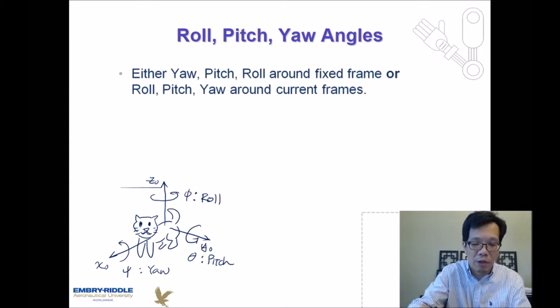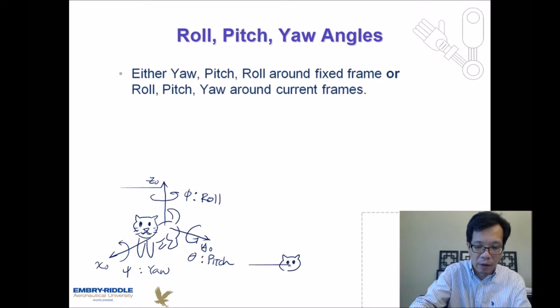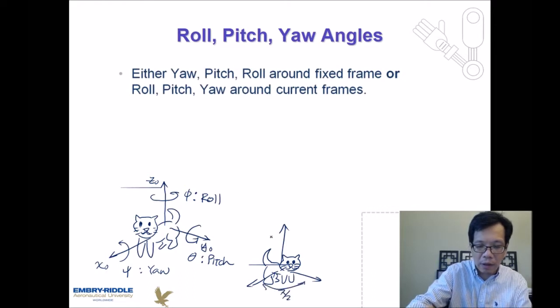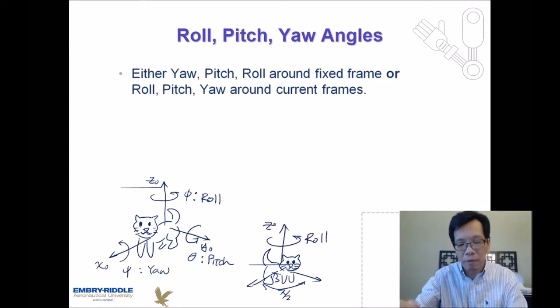For instance, if you say your cat is rotated with a 90-degree roll angle, then the orientation of the cat is going to look like this. Right?